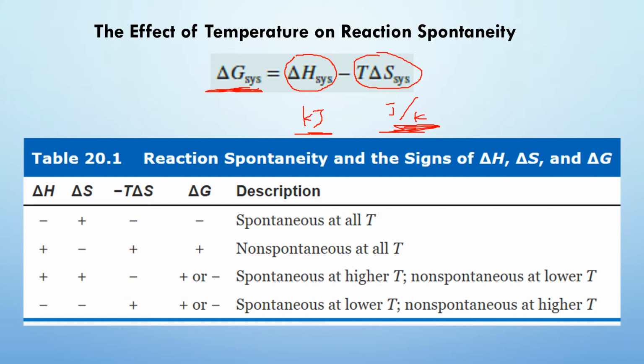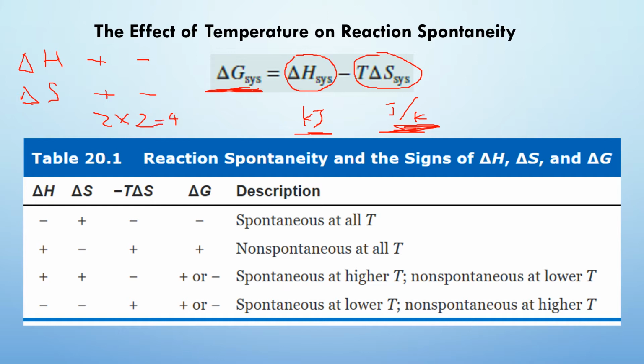So in order to determine the sign of delta G, we have four scenarios in terms of the signs of delta H and delta S. Delta H could be positive or negative, and delta S could also be positive or negative, so there are 2 times 2, four combinations.